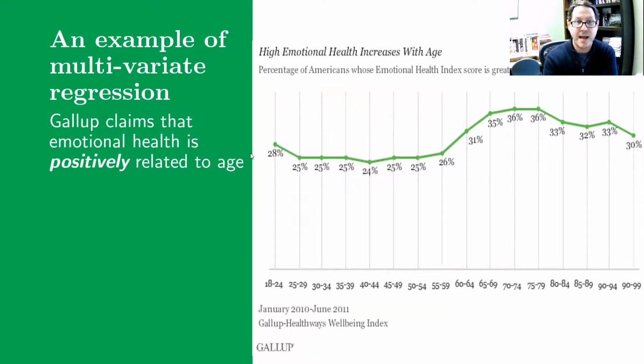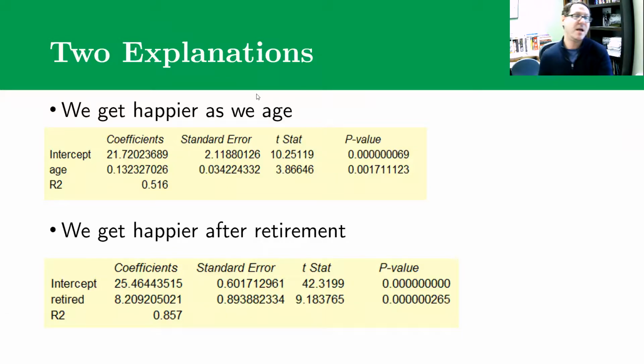We can't actually see the y-axis here, but maybe that works. Age is 0.13. So every year older you get, the percentage of people claiming high emotional health goes up by 0.13. So in 5 or 6 or 7 years, you get a 1% increase.